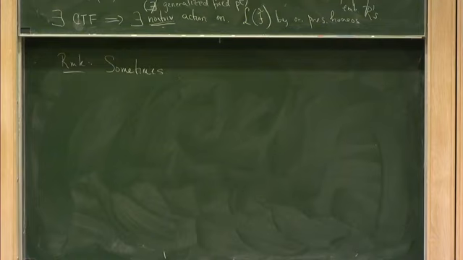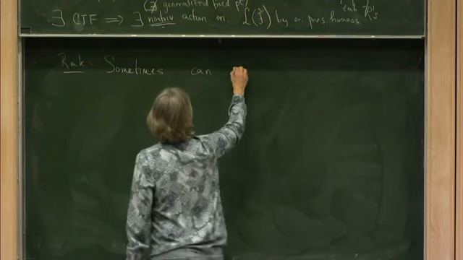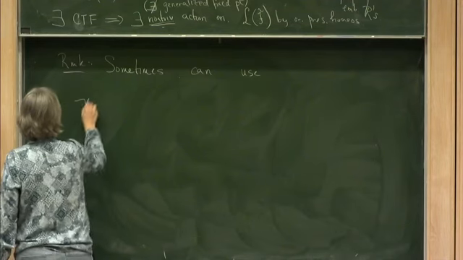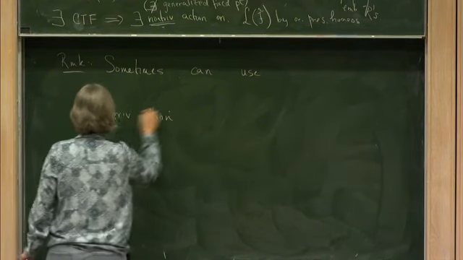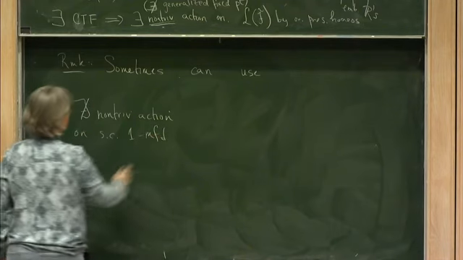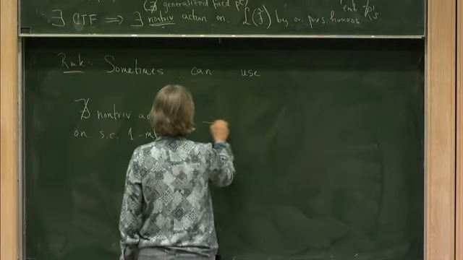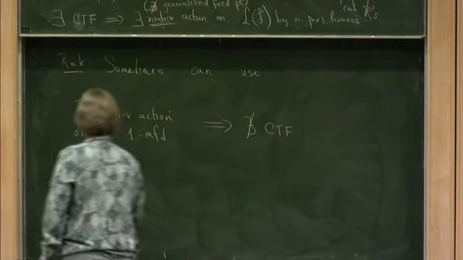And sometimes you can use this to rule out the existence of foliations. So sometimes you can show there doesn't exist a non-trivial action on a simply connected 1-manifold, always assuming we are not assuming Hausdorff here, to tell me that there does not exist a CTF.